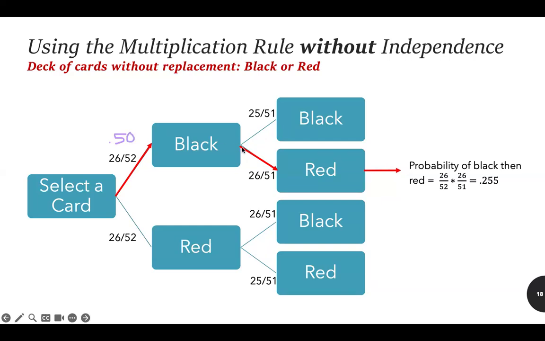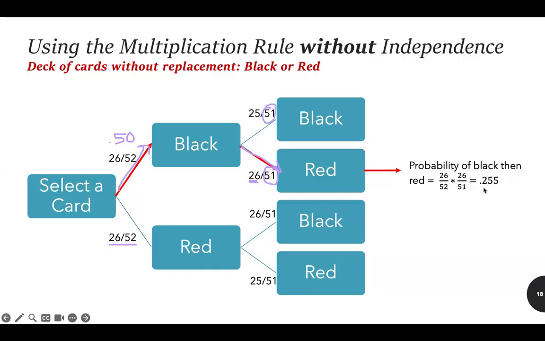And then this time, if I select a red card, what's my probability of getting a red card? The number of red cards is actually the same in the deck, right? So I still have 26 red cards because my red card didn't change. I didn't take out a red card. I took out a black card here. So red stays the same, but I still only have 51 cards left like I did for the last one.